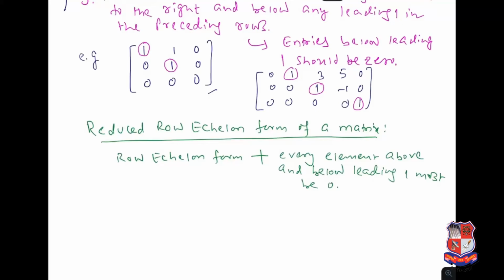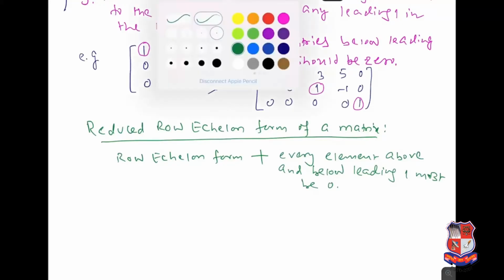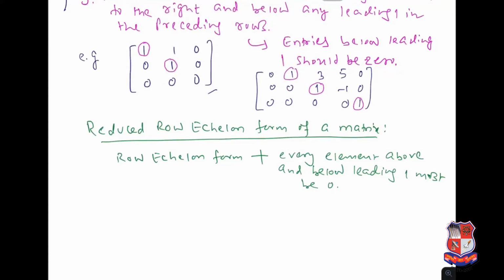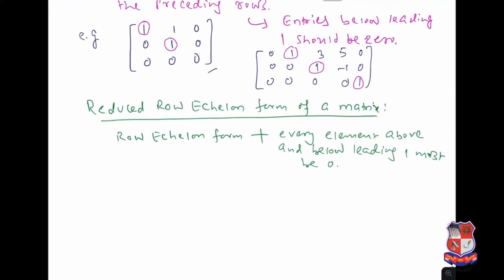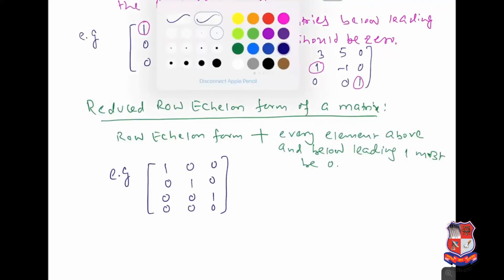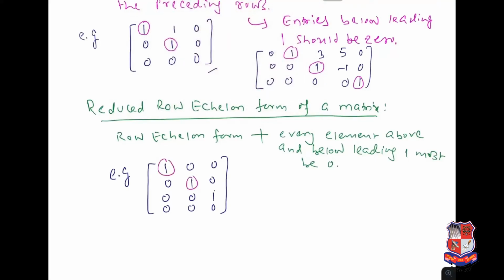Say this one is not in reduced row echelon form because below the leading one it is 0 but above it is not 0. Similarly, this is also not a reduced row echelon form. So this one is a reduced row echelon form. You can see the leading ones here, here, here, and all the entries above and below are 0.